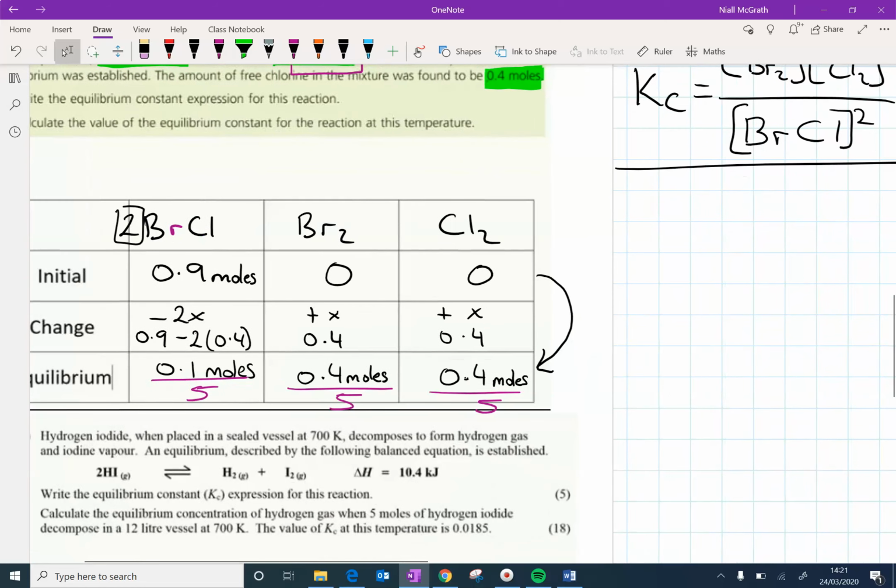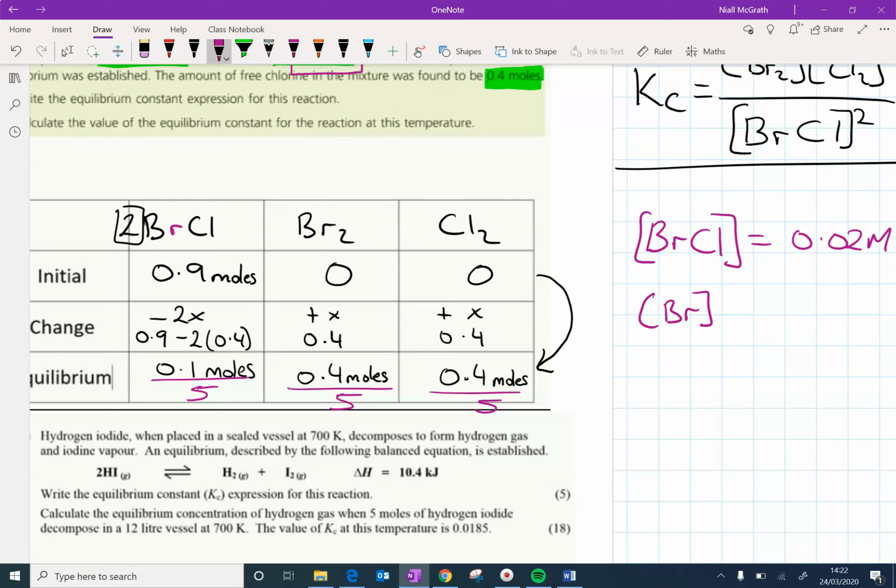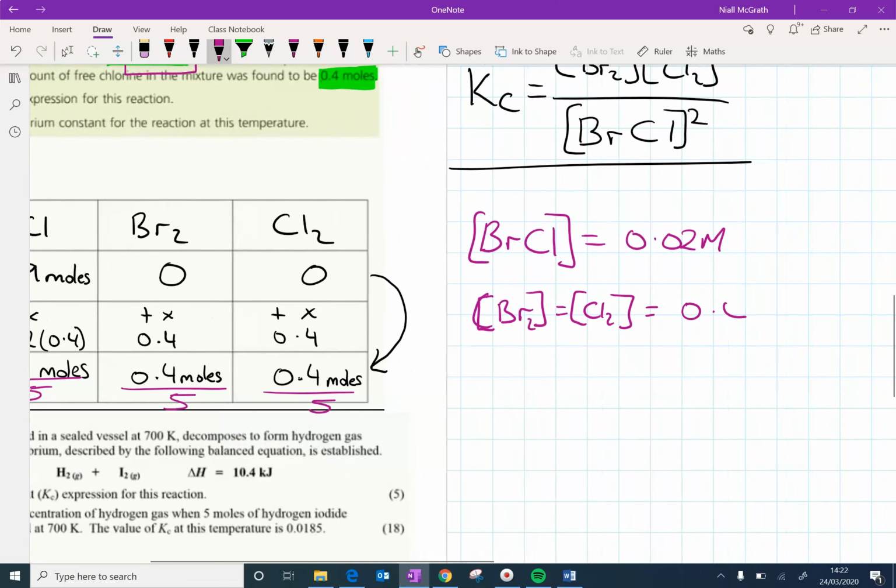So when we do that, we have the concentration of BrCl going to be 0.02 molar. And the concentration of Br2, which is equal to the concentration of Cl2 as well, so they're both the same, comes out to be 0.08 molar.